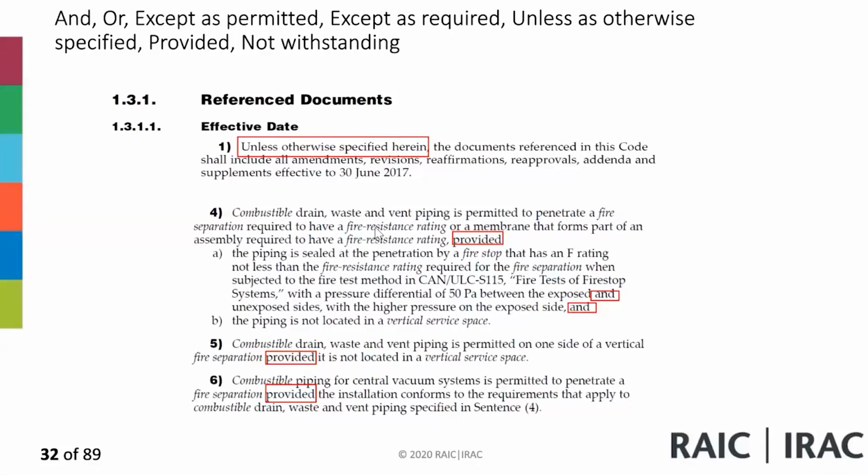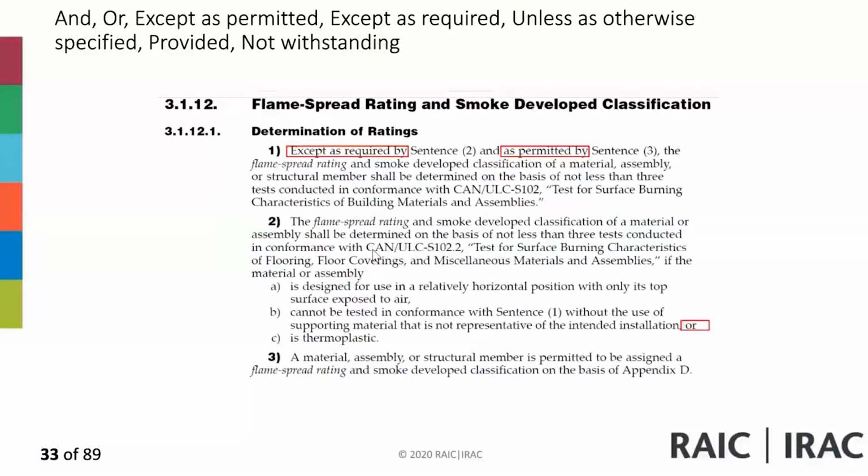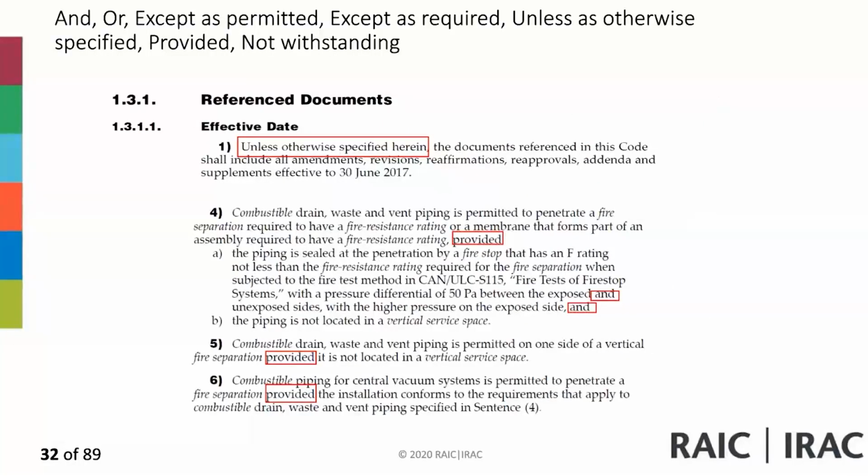Combustible drain, waste, and vent piping is permitted to penetrate a fire separation required to have a fire-resistance rating, or a membrane that forms part of an assembly required to have a fire-resistance rating, provided the piping is sealed at the penetration by a firestop that has an F rating, tested using a fire test method with a pressure differential of 50 pascals between the exposed and unexposed sides, with the higher pressure on the exposed side, and the piping is not located in a vertical service space.